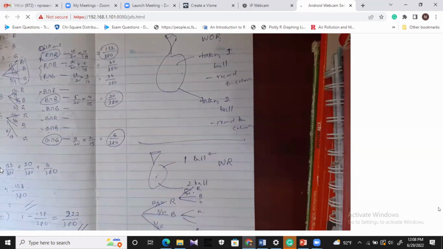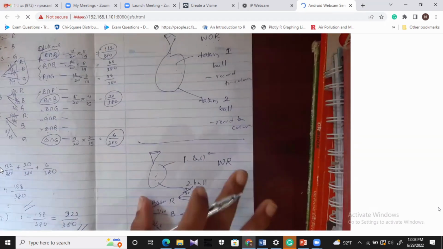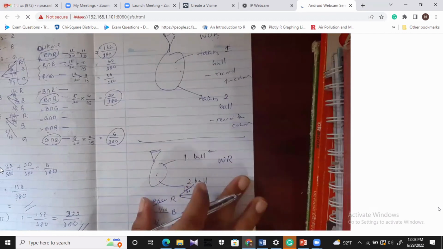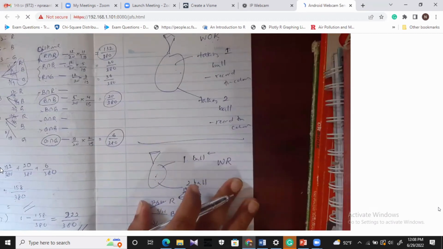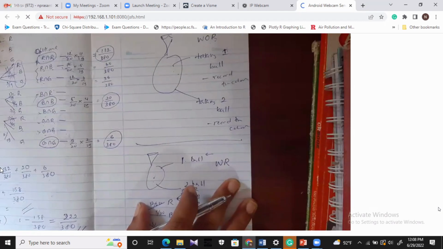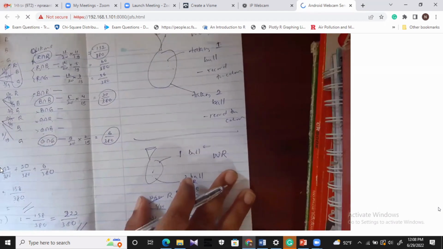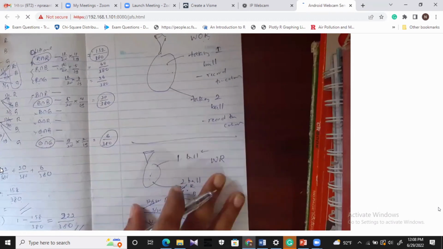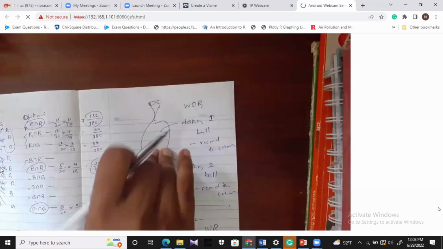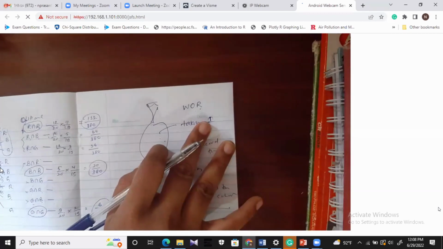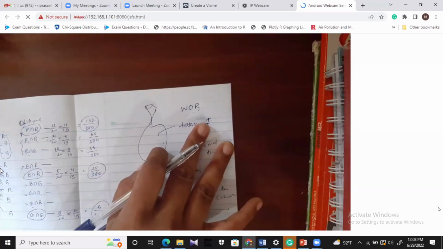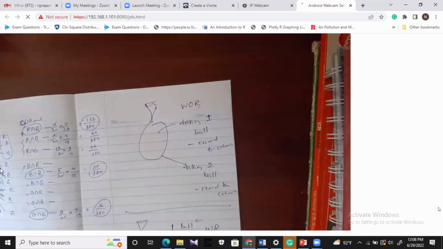So likewise, you can get other probabilities as well. Anyway, what you need to understand is that this type of case is called with replacement, if the first ball that we have taken out is put back into the bag. But in the without replacement case, we do not put the first ball into the bag again. We keep that ball outside.